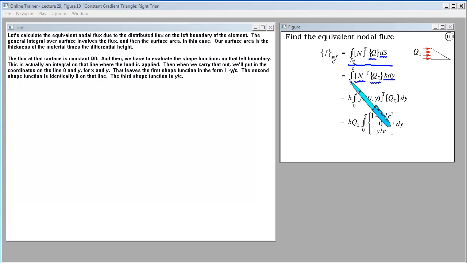Then when we carry that out, we'll put in the coordinates on the line, 0 and y for x and y. That leaves the first shape function in the form 1 minus y over c. The second shape function is identically 0 along that line. The third shape function is y over c.